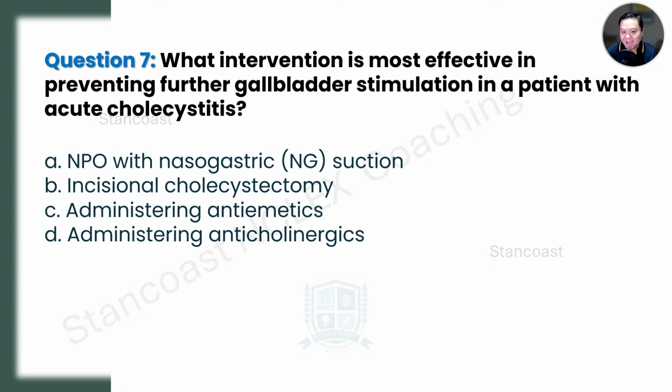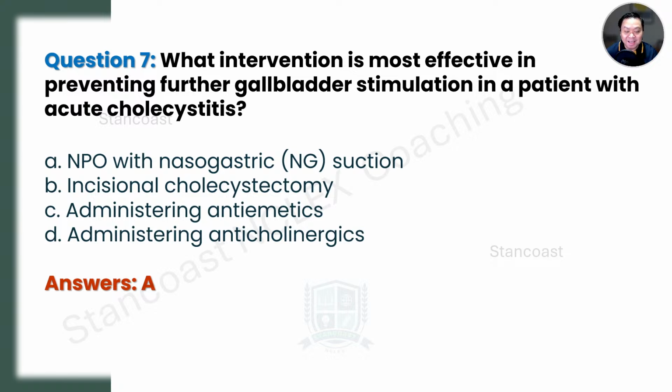We are being asked about that nursing action that is most effective in preventing further gallbladder stimulation. The correct answer here, it is letter A. We need to keep the patient nothing by mouth, and also the possibility of using the NG suction to prevent the gallbladder from being stimulated by food or fluids entering the GI tract.